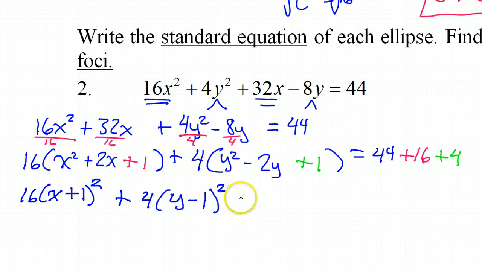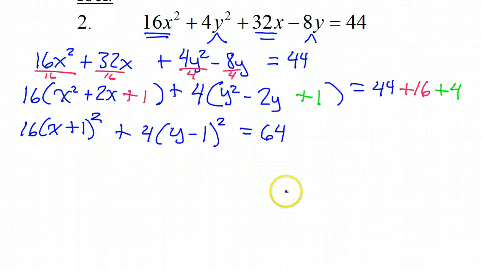So again, I'll just put y minus 1 squared. Now if you add up these three numbers, you get 64.